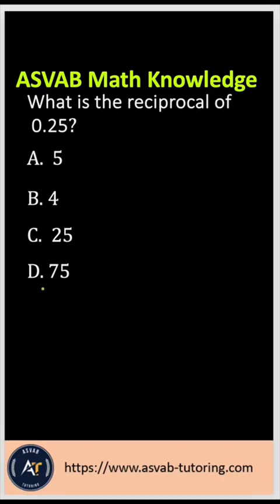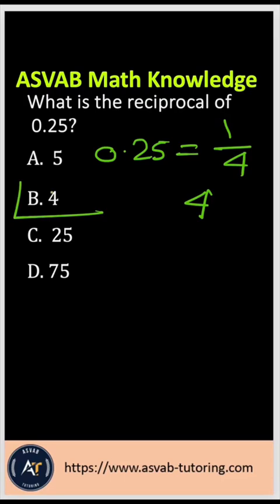If you look at the answer options, all of them are whole numbers, so try to make this decimal into a fraction. 0.25 equals 1 over 4. Now if you take the reciprocal, you flip the number, so that is actually 4. So the correct answer is option B.